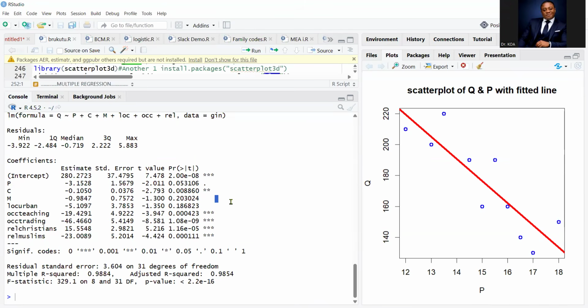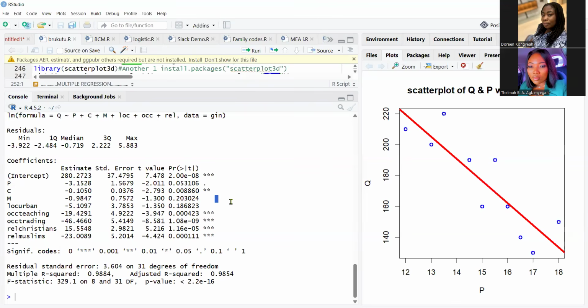Real Christians. Significant or insignificant? Darren. Real Christian is also significant because the p-value of 0.00016 is less than 0.05. Good.